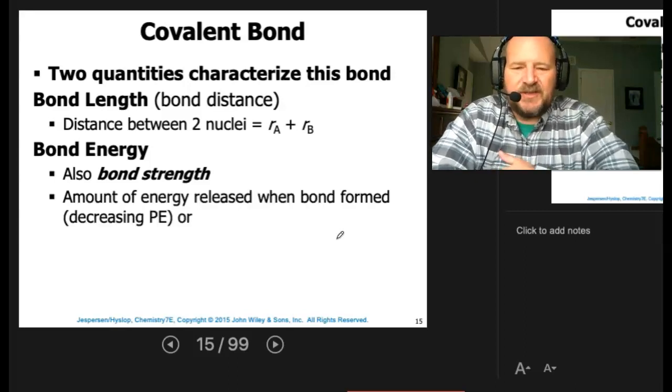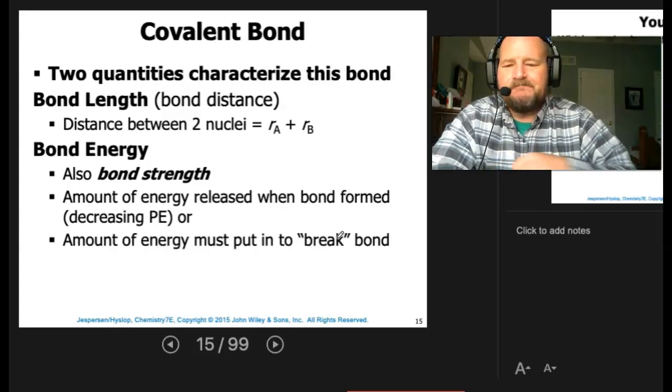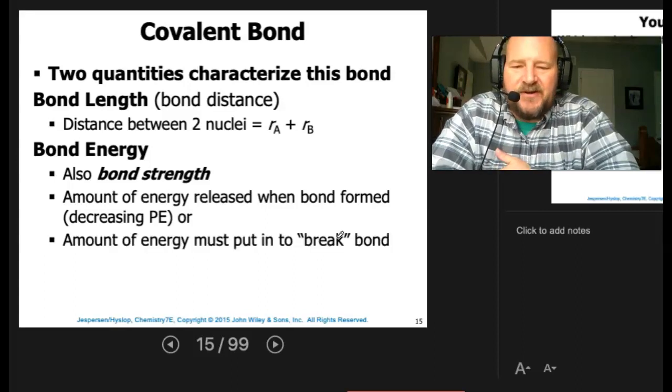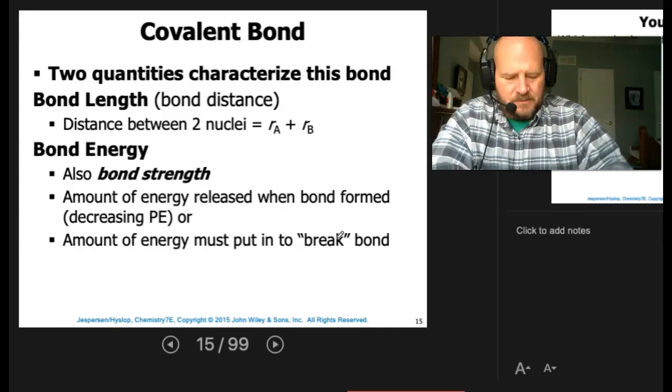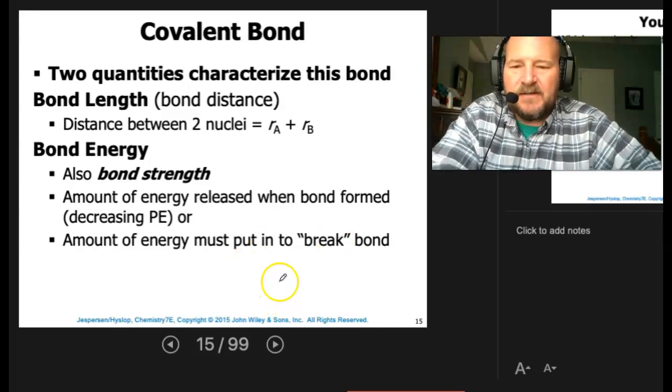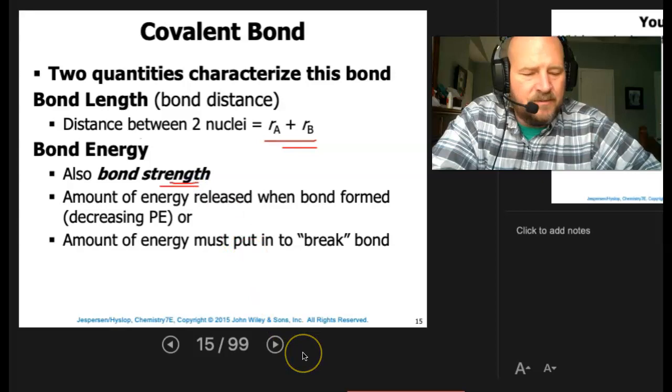The amount of energy released when the bond forms, or the amount of energy that must be put in to break the bond. So the bond itself is going to be characterized by the length and the strength.